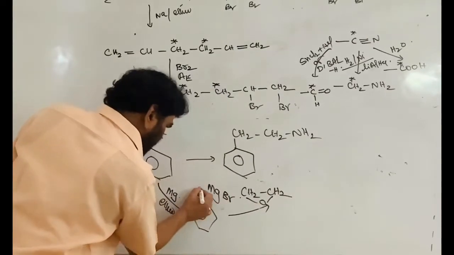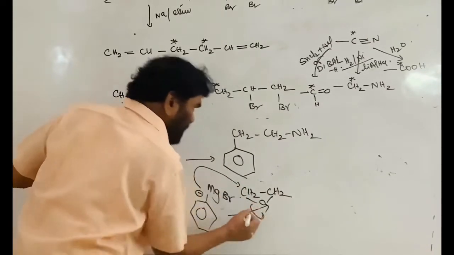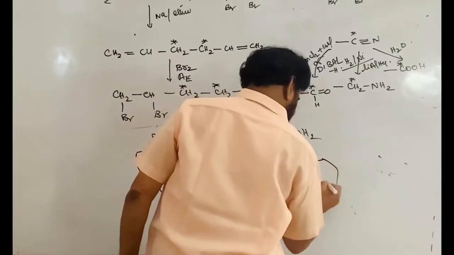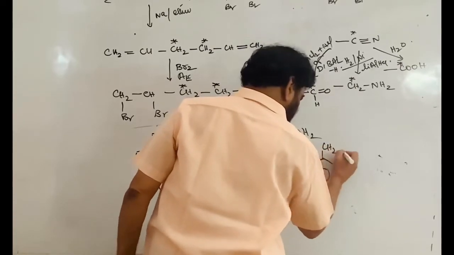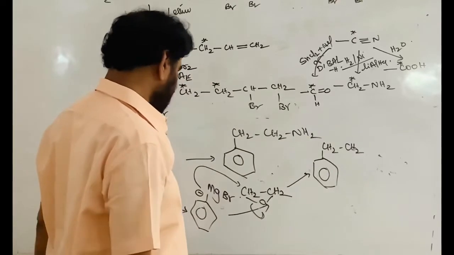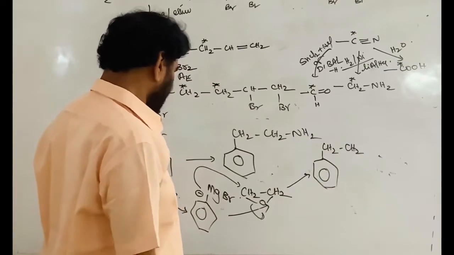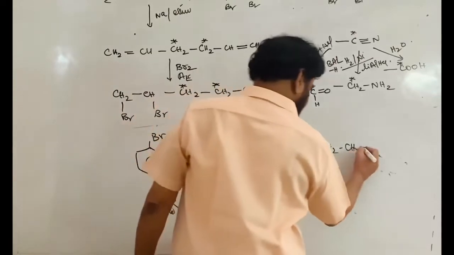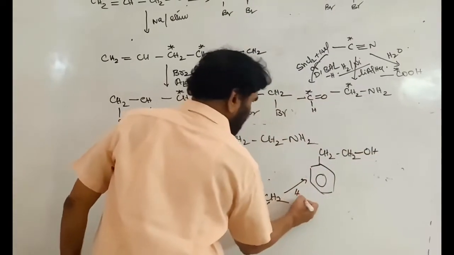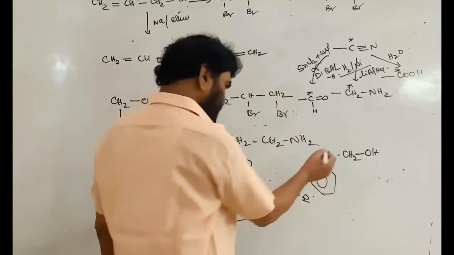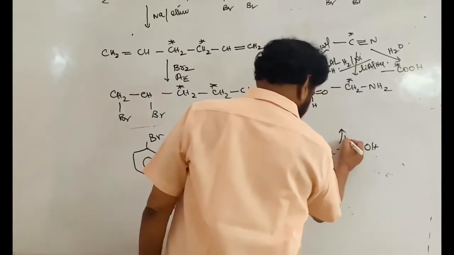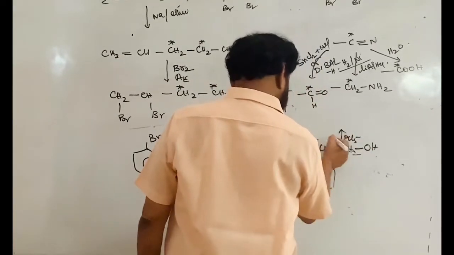This is the phenyl carbanion attacks on this, the ring opens, and it gives phenyl CH2, CH2, CH2OH followed by hydrolysis, right? Now, in place of this, we can treat with PCl5 or anything. Its chloride is formed.